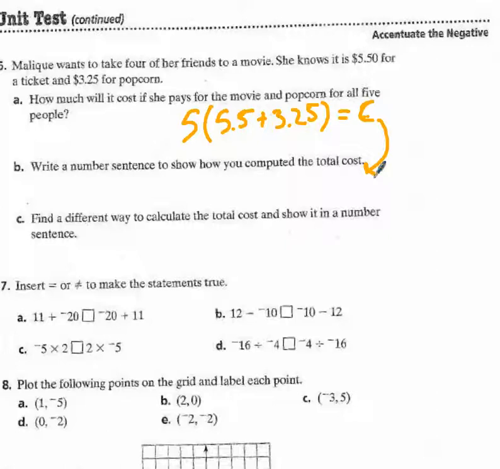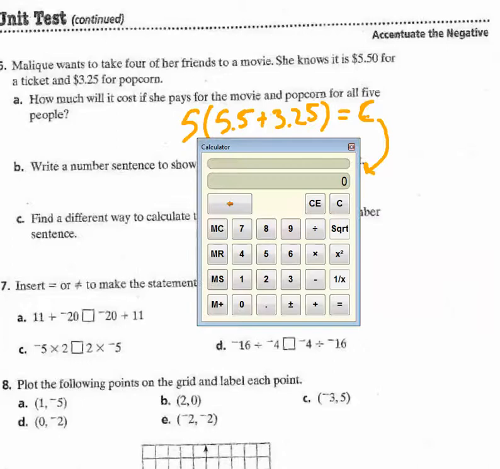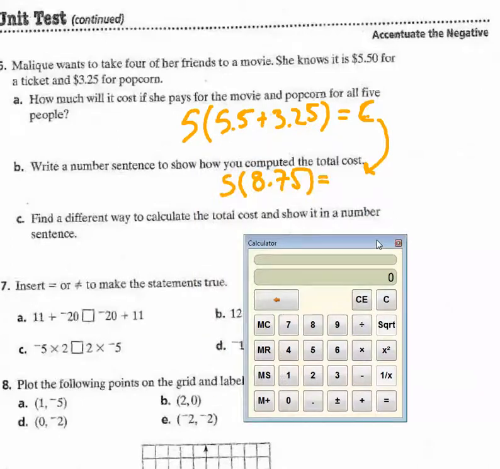So I would do what's inside the parentheses first. So we have 5 people, and each person is going to cost $8.75. Well, just take out a calculator. 8.75 times 5 is $43.75.